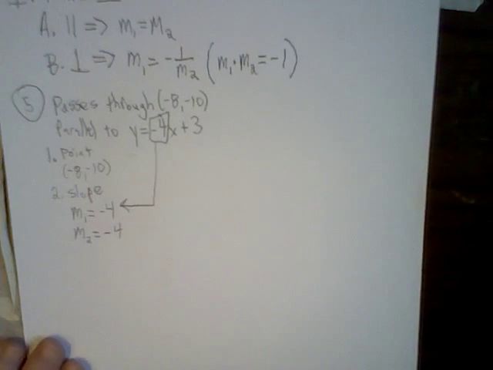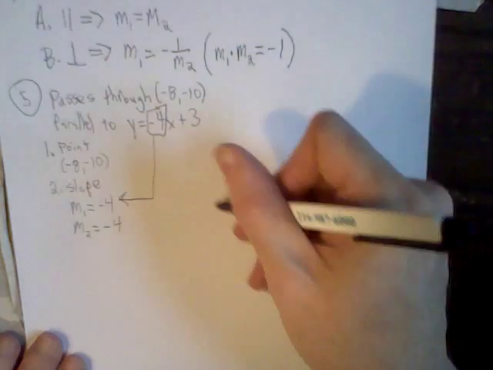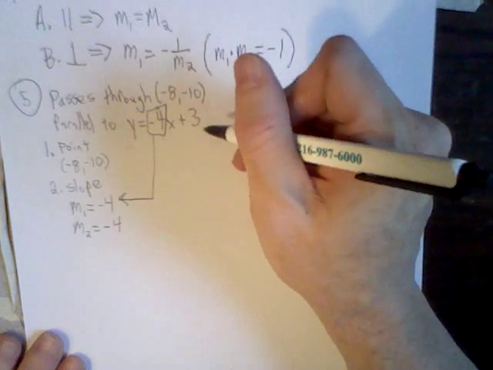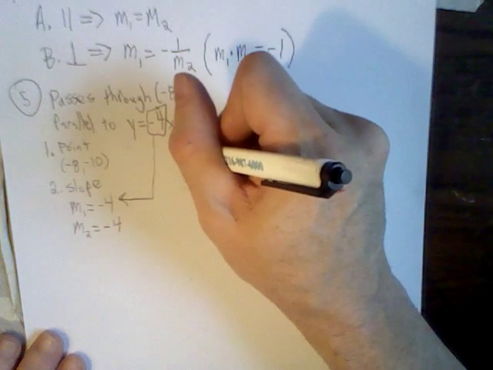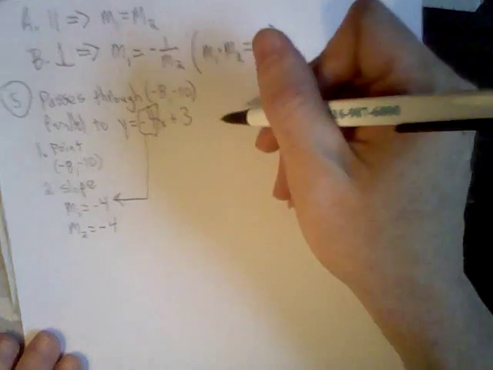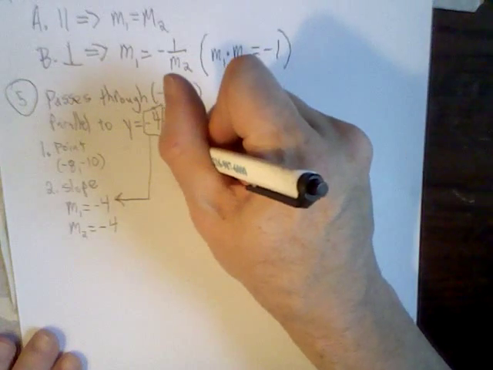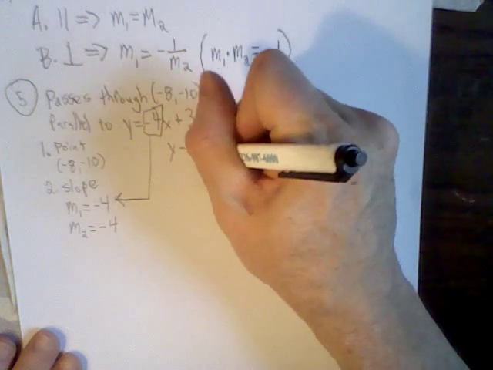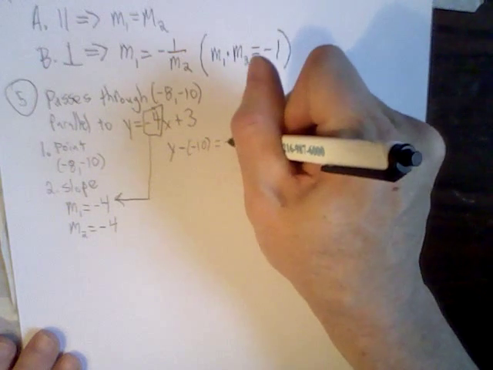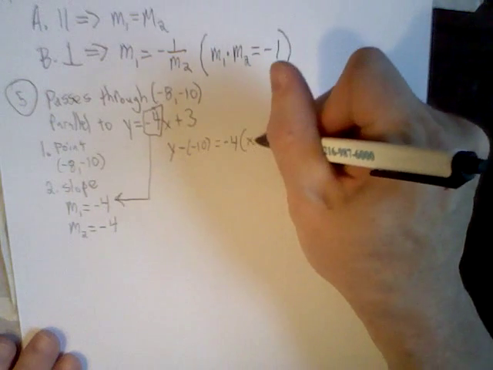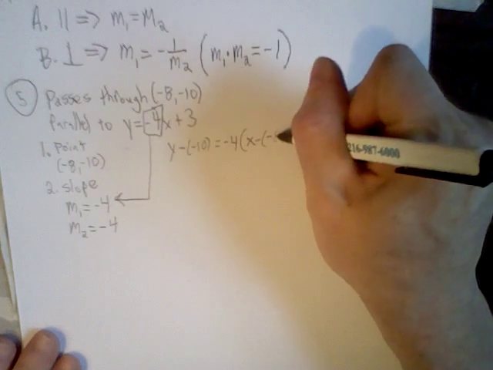Okay, once you've established that information, you can go to your point-slope form and get your slope-intercept form accordingly. So let's go ahead and do that. I have then y minus y1, which is -10, equals the slope -4 times x minus x1, which is -8.